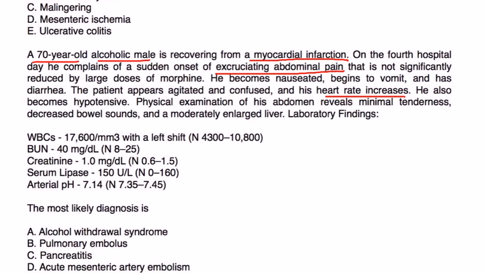He also becomes hypotensive. Physical exam of the abdomen reveals minimal tenderness, decreased bowel sounds, and moderately enlarged liver. Lab findings: WBC count is elevated, BUN is elevated, creatinine is normal, lipase is normal, and the arterial pH shows that he is in a state of acidosis.